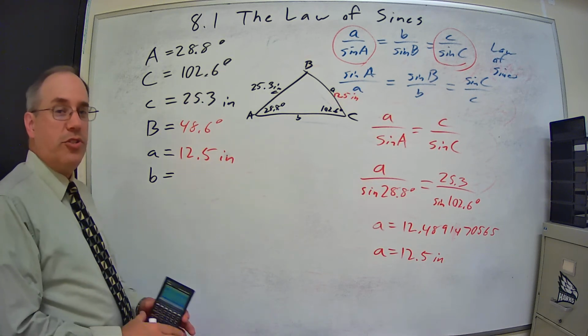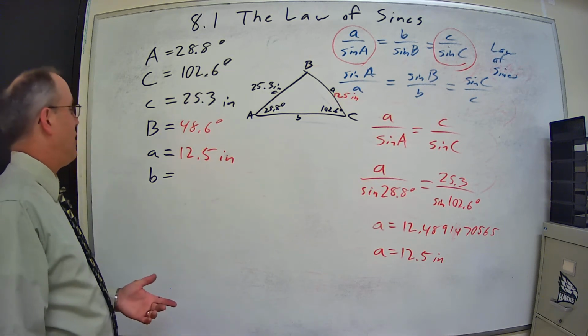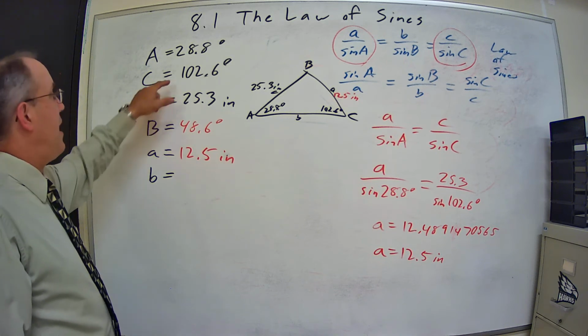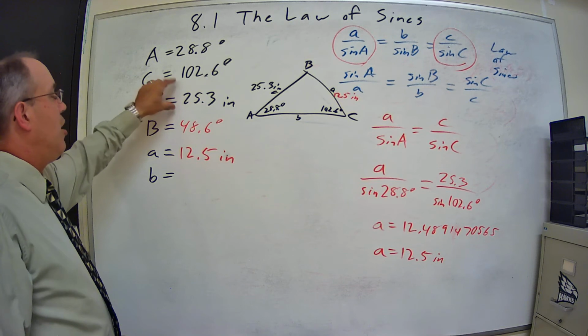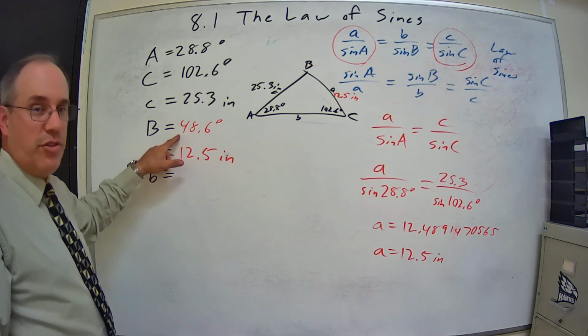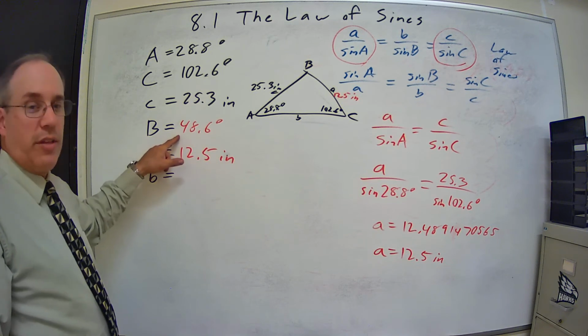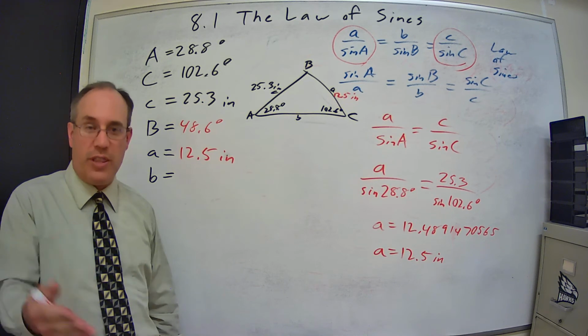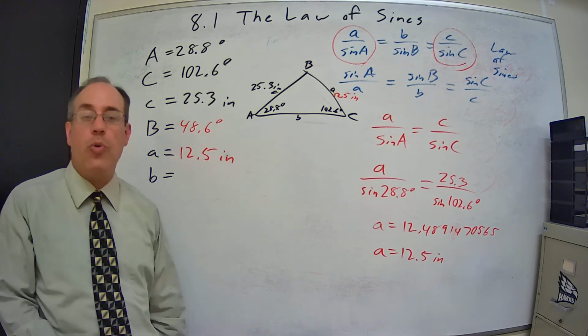What I want to do is use as much original as I can. So C, the length of side C and the measure of angle C, those were given. I want to find B, so I'm going to have to use my calculated B, but at least that means I'm only using one calculated number in there as opposed to 2 or 3 of them.